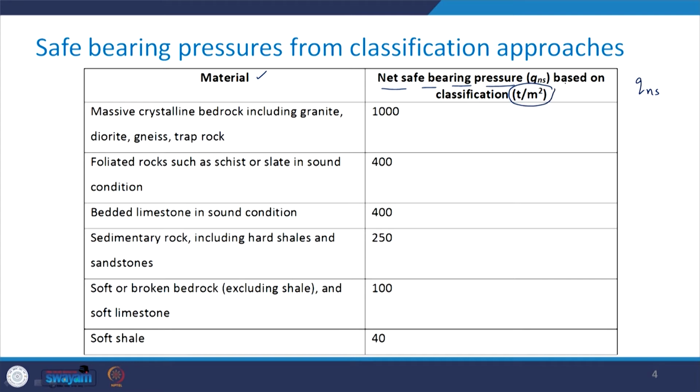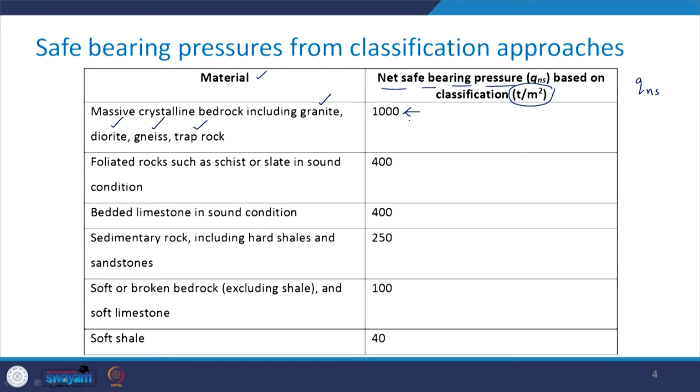In case you have massive crystalline bedrock including granite, diorite, gneiss or trap rock, the net safe bearing pressure can be taken as 1000 tonnes per meter square.